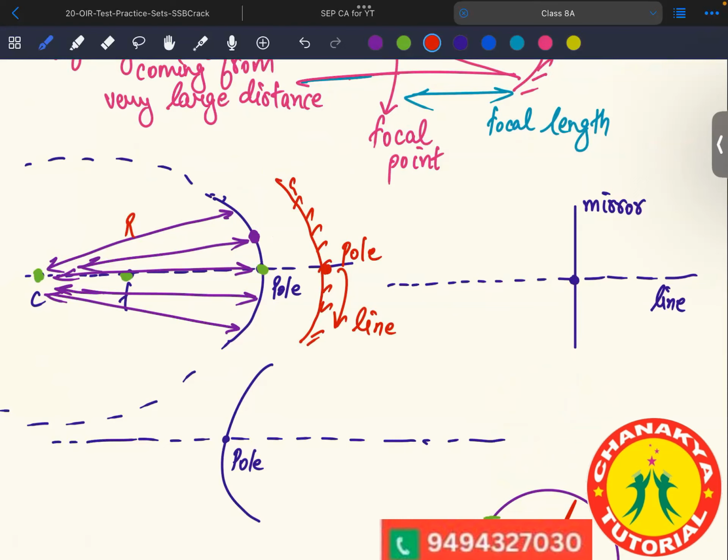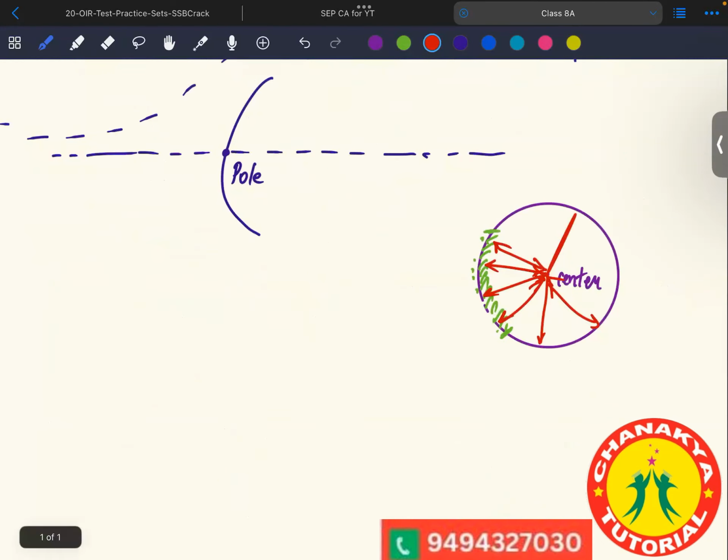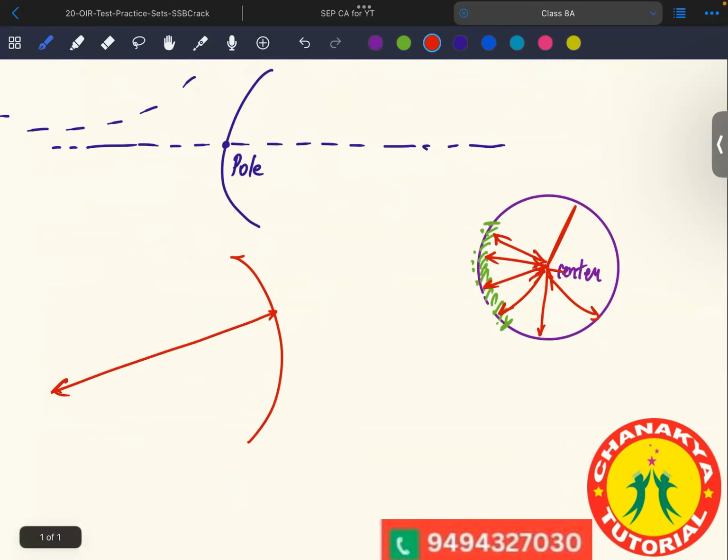You want to ask if we can make this ray like this? But that way we cannot divide this whole mirror into two equal parts. So the pole should divide the mirror into two parts. Yes, correct.